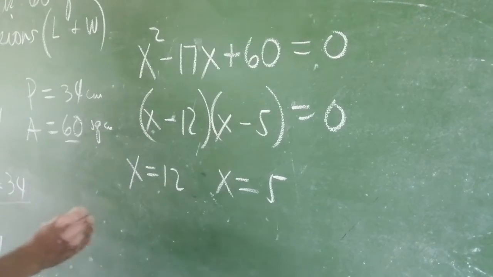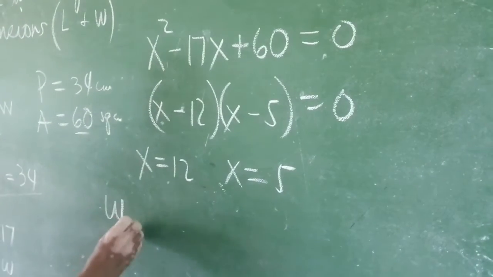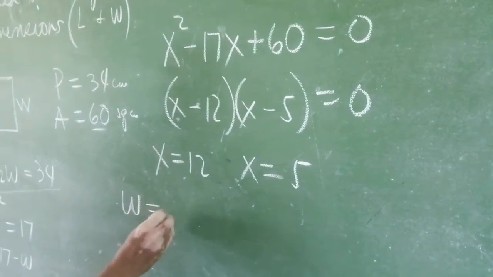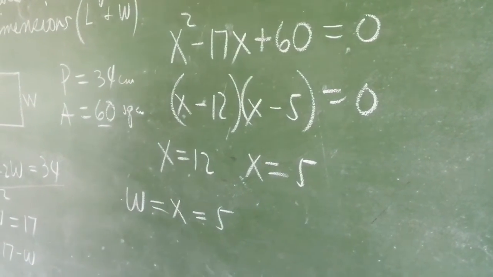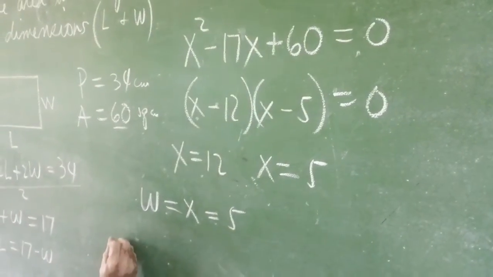So supposing the width is equal to x and that is equal to 5. So shall we have the checking perimeter?